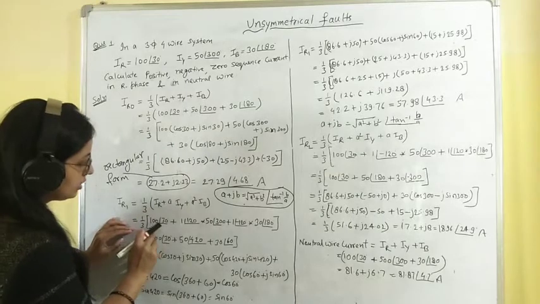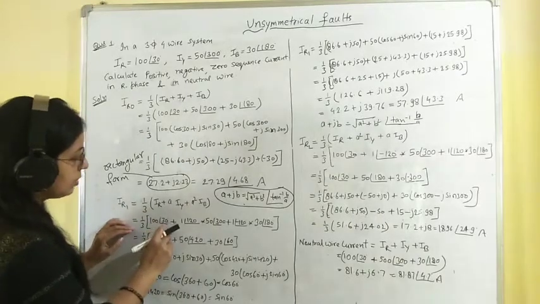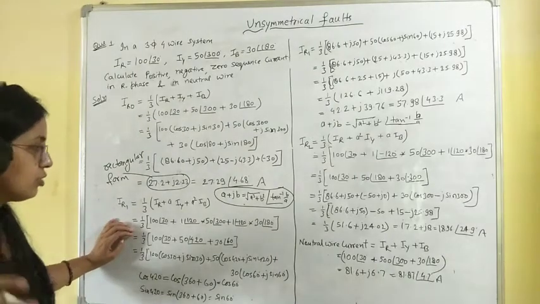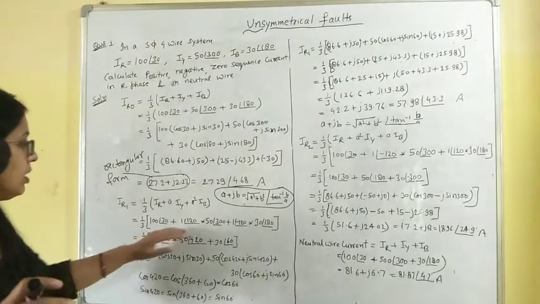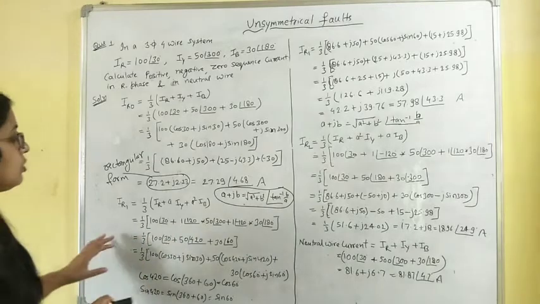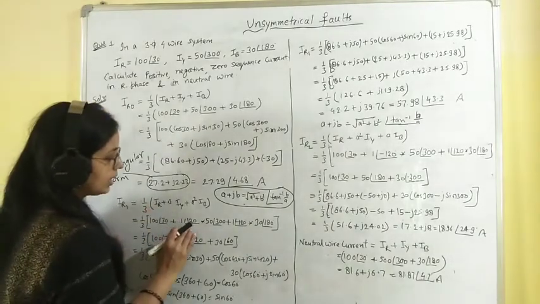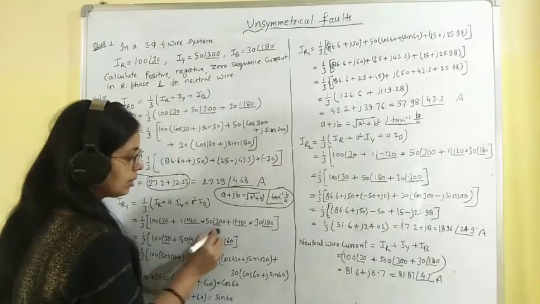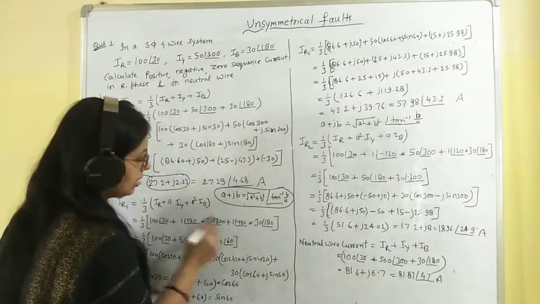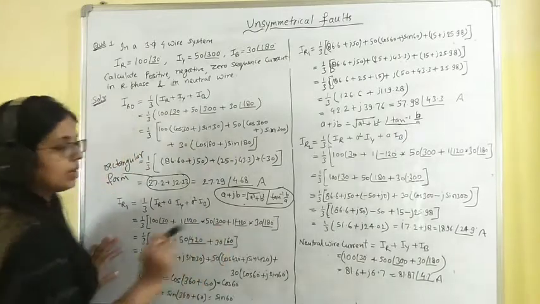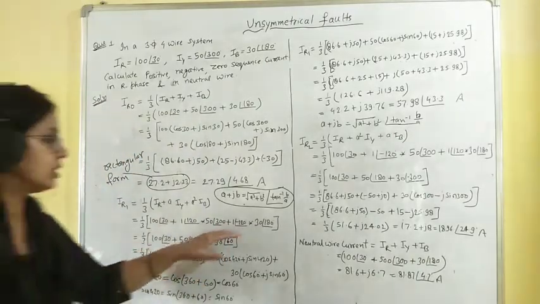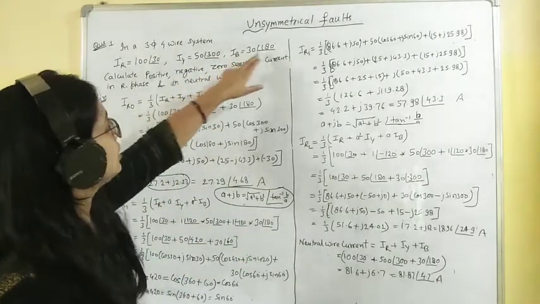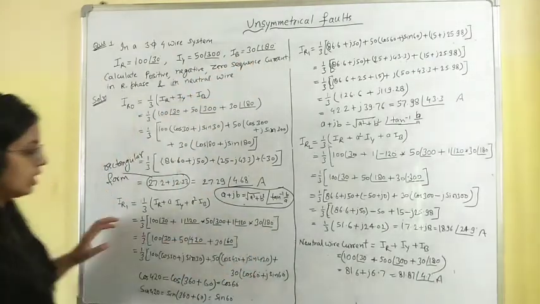Now again we will calculate using this formula. IR here is 100 angle 30 degree, plus A, which is a factor operator we studied yesterday. A value was 1 angle 120 degree, multiplied with 50 angle 300, plus A square, which is 1 angle minus 120 degree, multiplied with IB, that was 30 angle 180 degree.